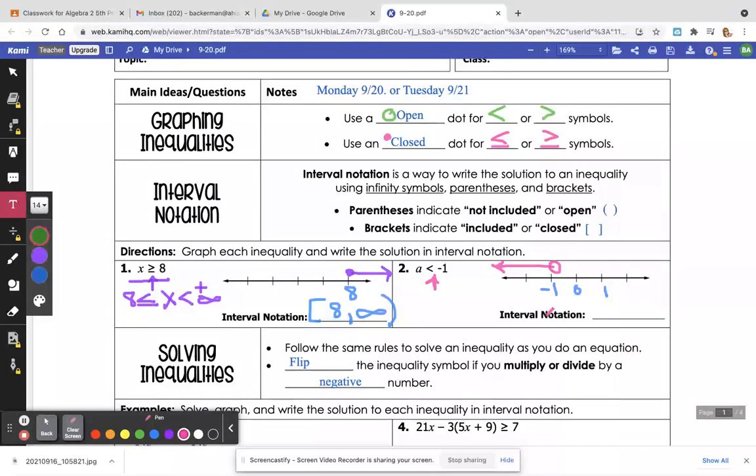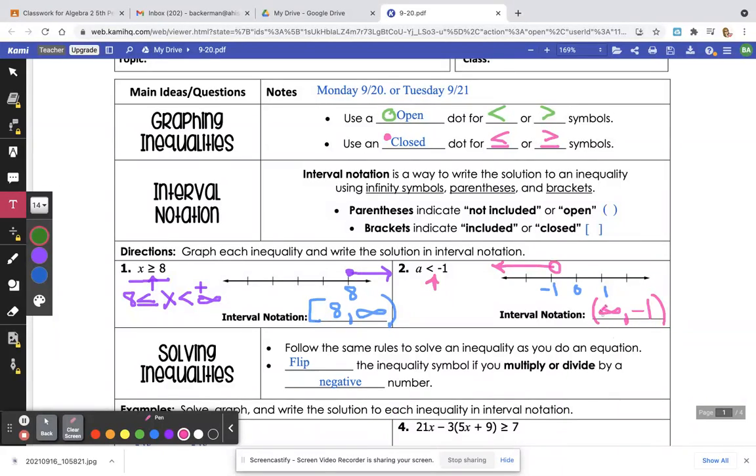So our interval notation then, the left side will be a parenthesis, and that'll be negative infinity. And then a comma, the right side is -1. However, that is also a parenthesis because it's not included. And so that would be the answer.